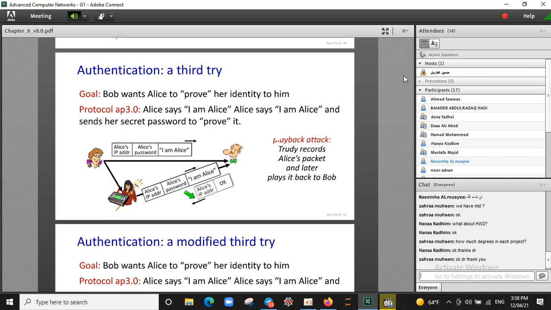And Bob would be satisfied. Why? Because he receives a message with Alice's password and Alice's IP address. Okay? So, Trudy can use playback attacks.